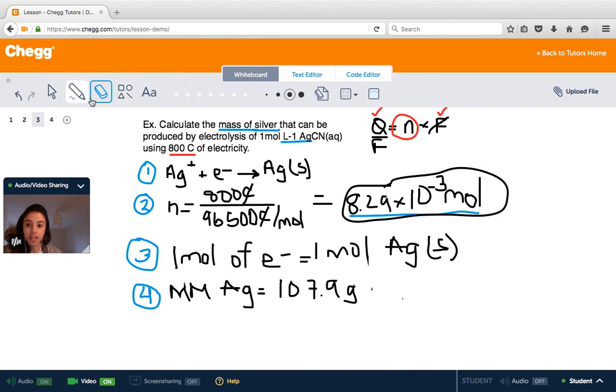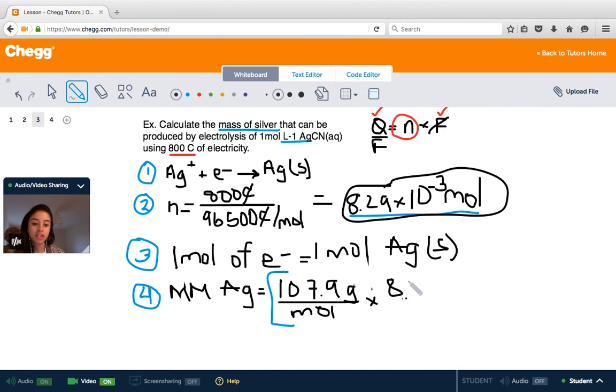All right, so we're going to take this. I like to write it like this so that you can see the units canceling out. Times the 8.29 times 10 to the negative third, which we solved for, and that will give you the mass of silver in this equation.